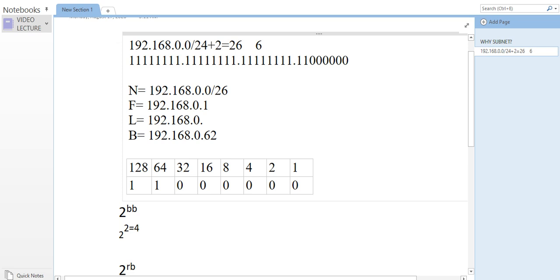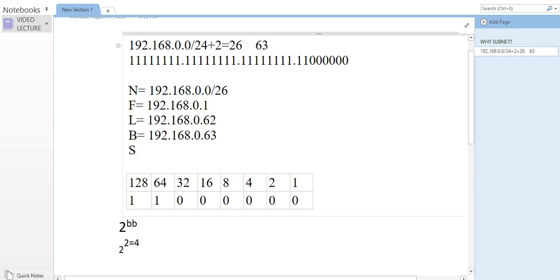This was not supposed to give you 62, but instead it was supposed to give you 32 plus 16 plus 8 plus 4 plus 2 plus 1. My broadcast address here was supposed to be 63 instead of 62. Sorry guys, I have made a mistake here. If I add this 63 to this 0, I have 63. So my last valid IP address will be 62, by subtracting 1 from the 63.